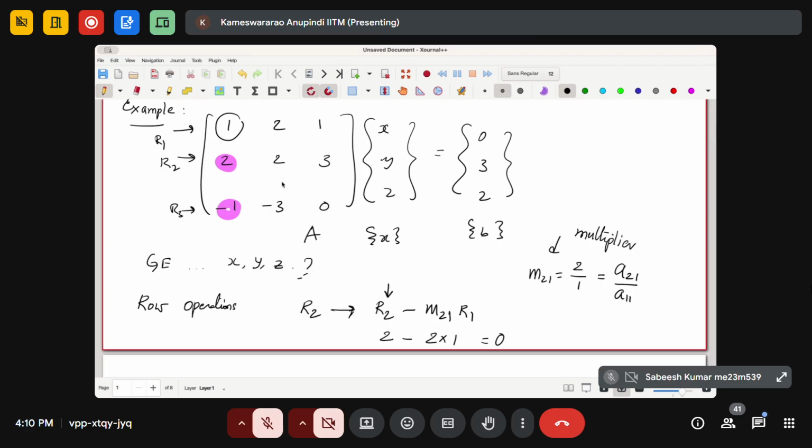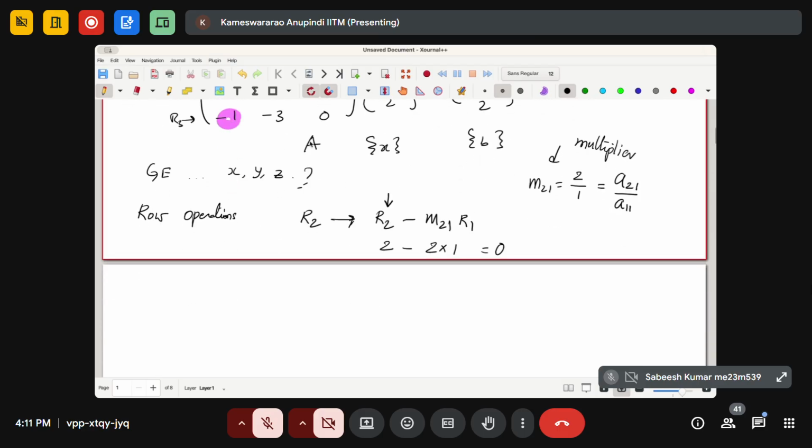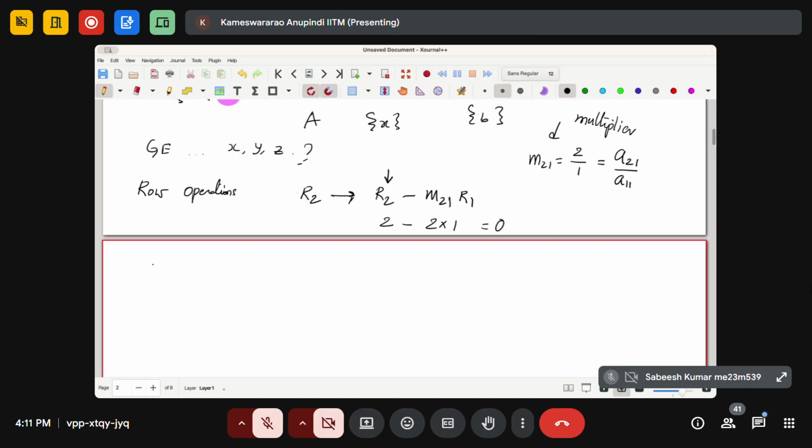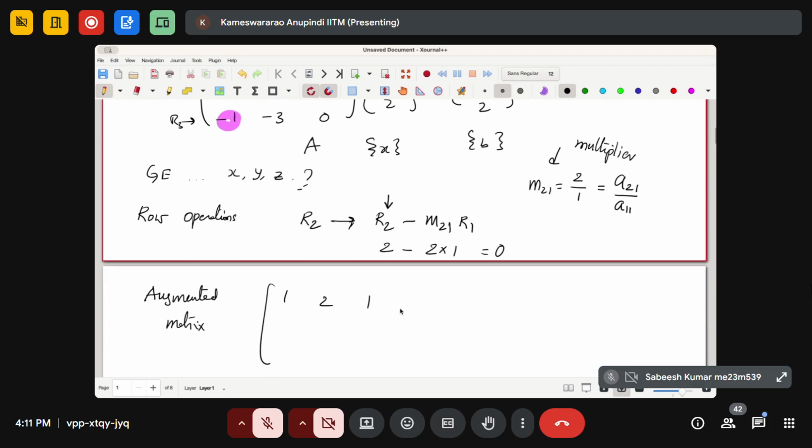Okay, so before we apply this, it is also a good idea to combine this right hand side vector, RHS vector, and add it as an extra column to the A matrix. Okay, so we would like to write this as, as you probably have learned, an augmented matrix, in which we will write this as 1, 2, 1, and then 0 is the extra column we have added.